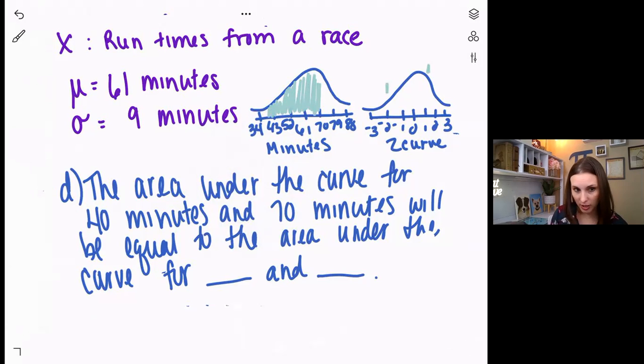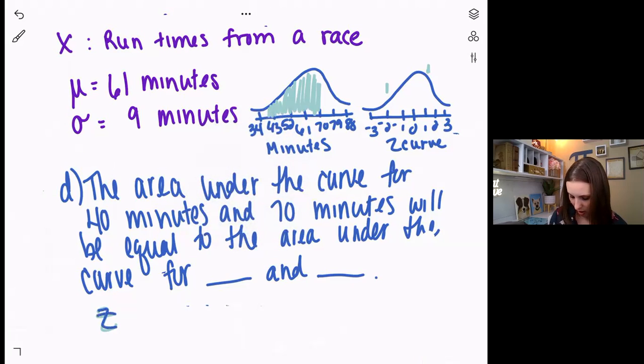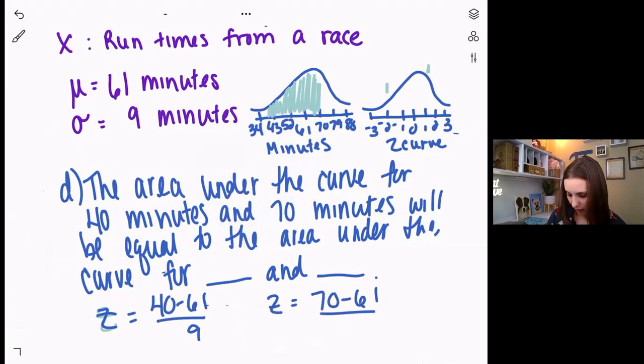So we're going to do a z-score for 40, and a z-score for 70. I should change my color so you can see it. And I am pulling the formula from part B, where I standardized the variable using the z-score. So now you can figure out the decimal versions of those.